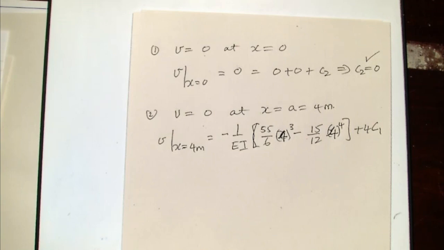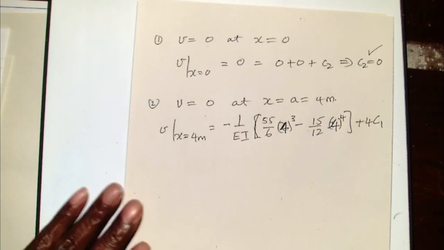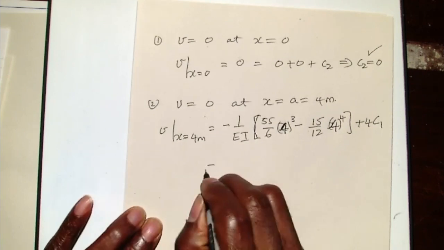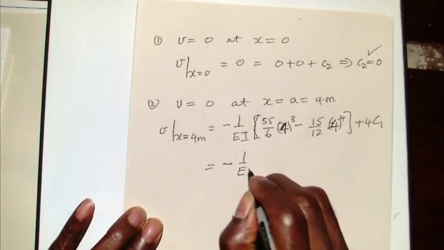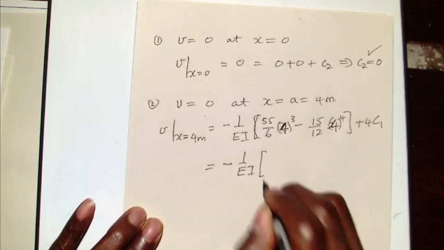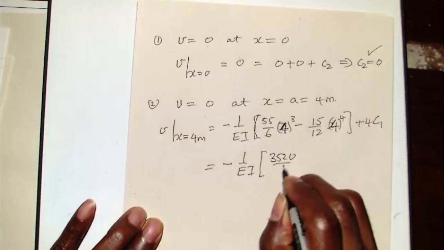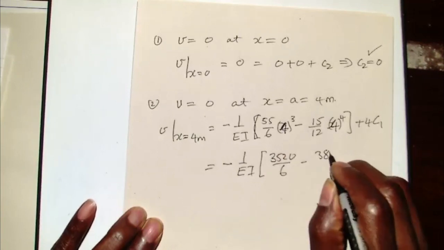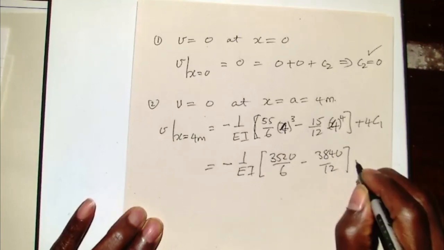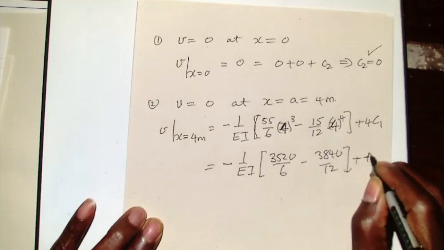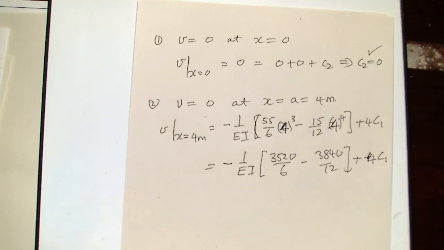So we've only done 2 here, and then we'll go back and use the second one for section BC. If you simplify that, what you will get will be minus 1 over EI, 3520 over 6 minus 3840 over 12 plus 4 C1.